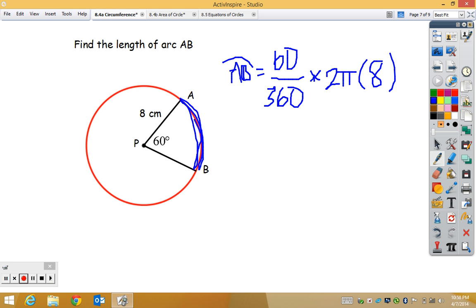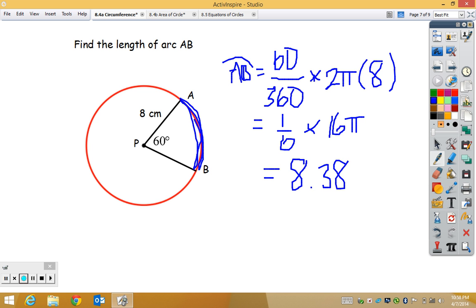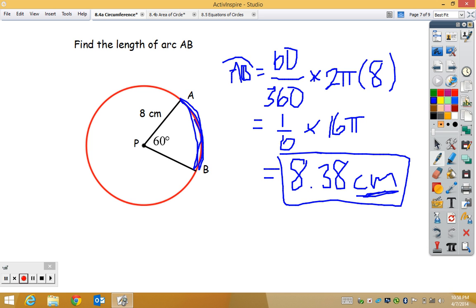So if we were to simplify this, we would get 1/6 times 16 pi. We do that math and we round to the hundredth, we get 8.38 centimeters. And again, arc length, just like circumference, is just in normal units.